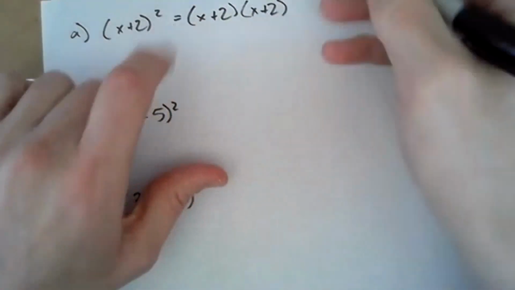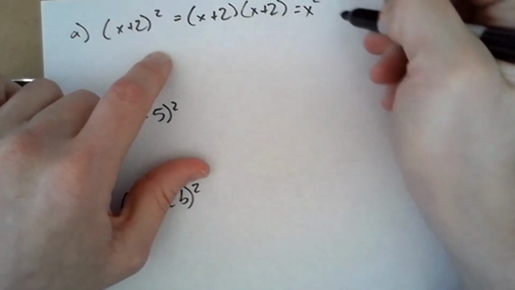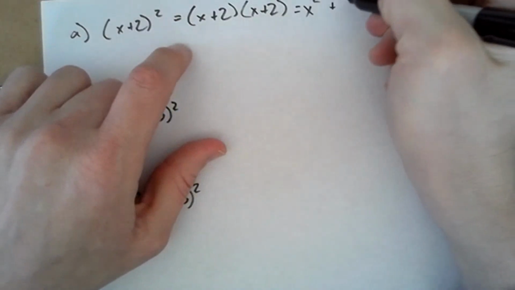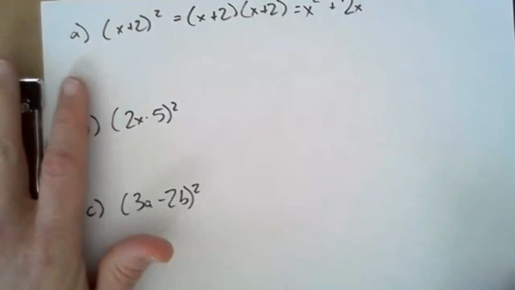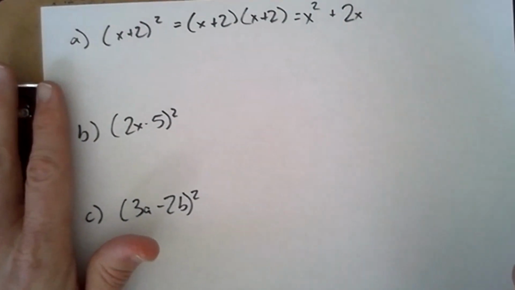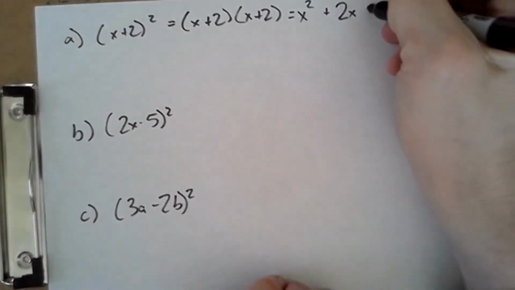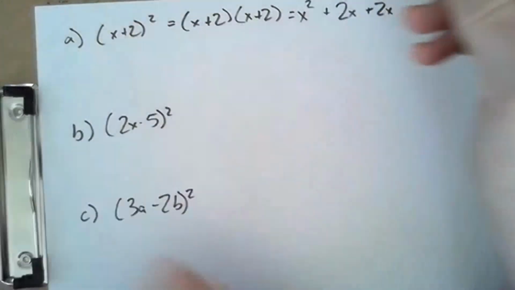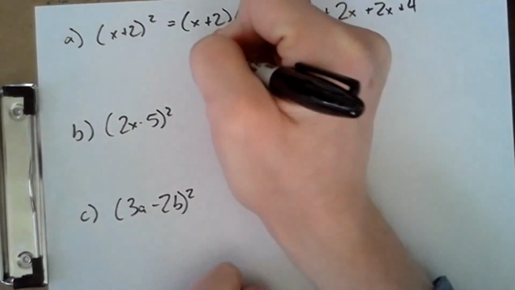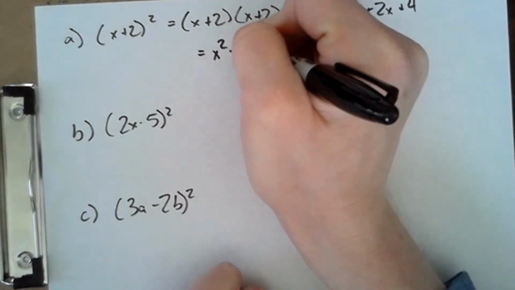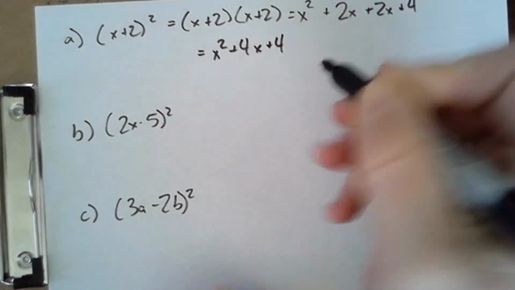We multiply the first terms to get x squared. We multiply the outside terms for 2x, the inside terms for another 2x, and the last terms for 4. Combine like terms to get x squared plus 4x plus 4.